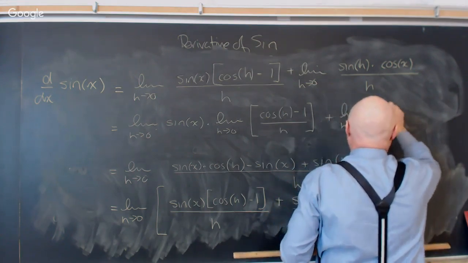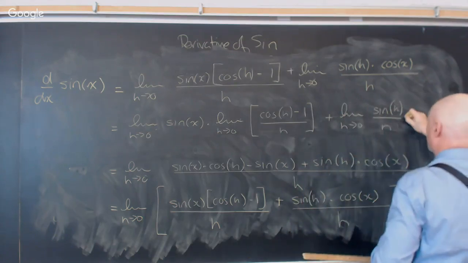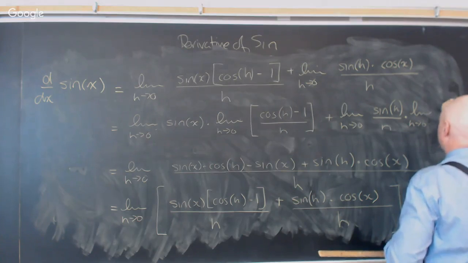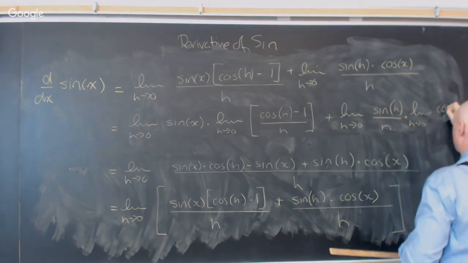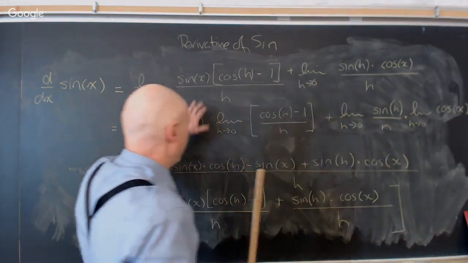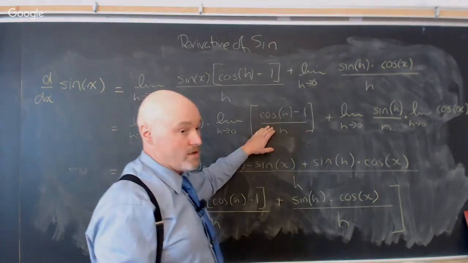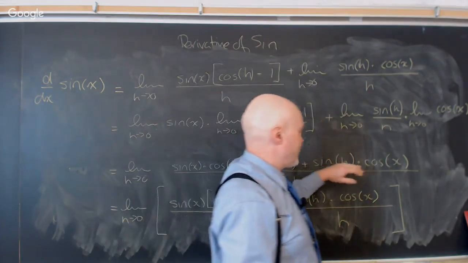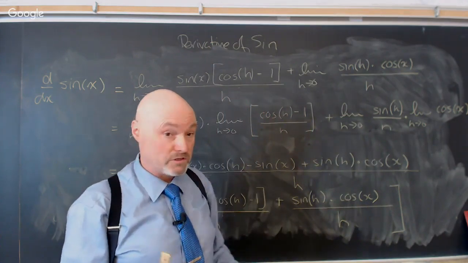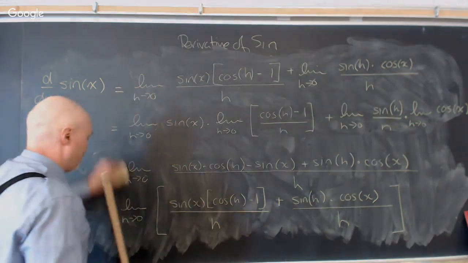And this is the limit of sine h over h as h goes to 0 times the limit as h goes to 0 of cosine of x. I haven't really cheated, I've just moved the denominator underneath there. That's because I know what this limit is, and I know what this limit is, because I painstakingly put little numbers into a table a little while ago. Know your limits.